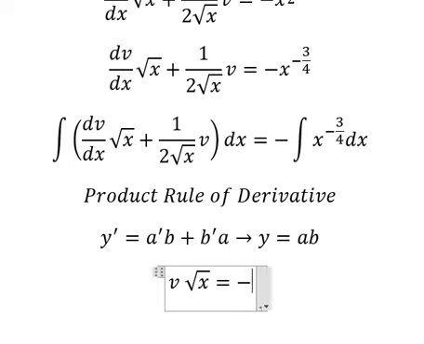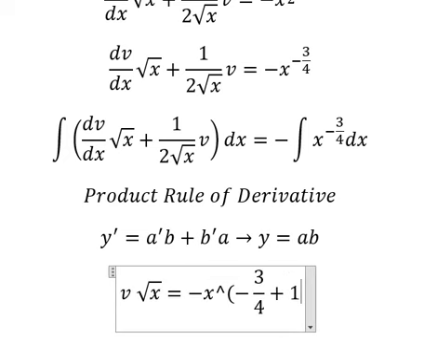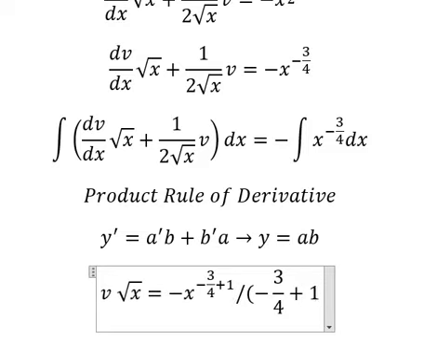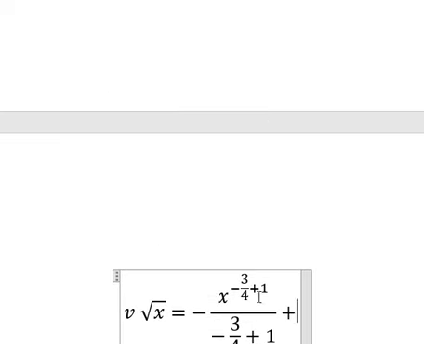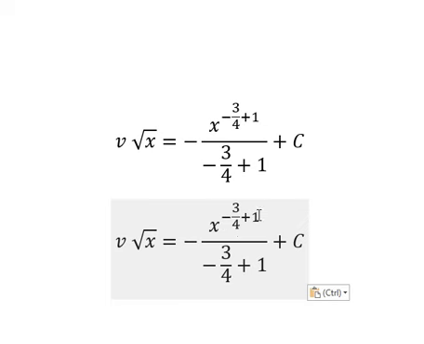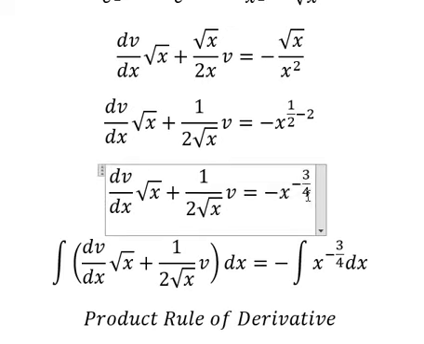This one, we have x to the power of negative 3 over 4 plus 1, over negative 3 over 4 plus 1, and I will put c. So for this one, sorry, this is negative 3 over 2.